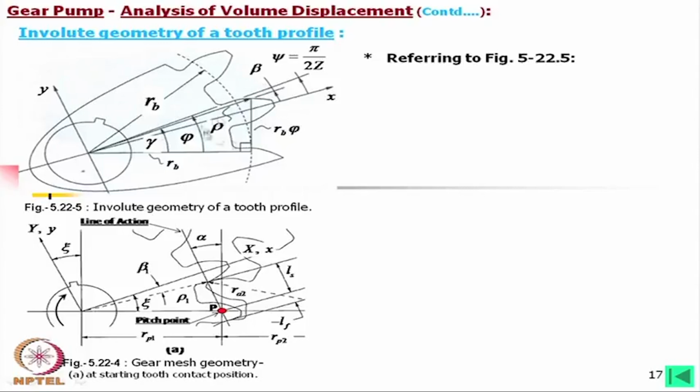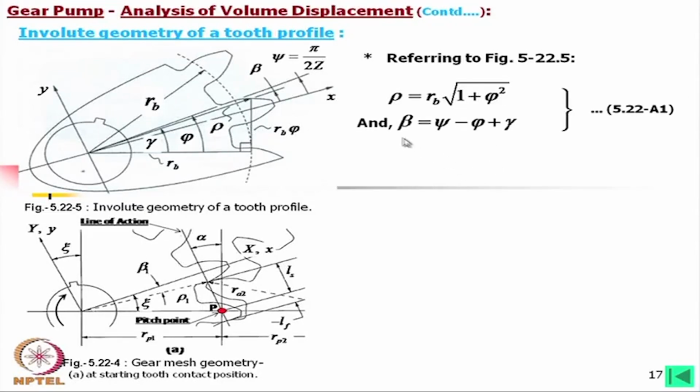Now, here these angles are defined, and then we can write down this equation: rho is equal to R B into 1 plus this angle. This is the R B and this is the angle. So, we can define it like this.